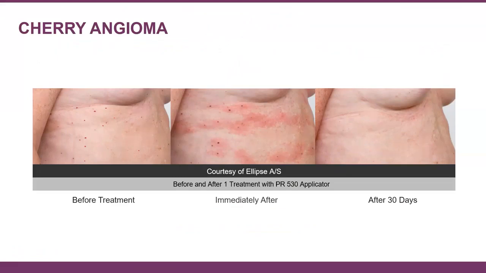If I was personally treating these, I would mask the surrounding area, and you could do that with a piece of damp gauze. So the only area that's actually getting the absorption from the handpiece is the angioma, because you can see we've got a little bit of erythema around the area rather than just pinpointing that individual angioma. But the clearance is very nice.